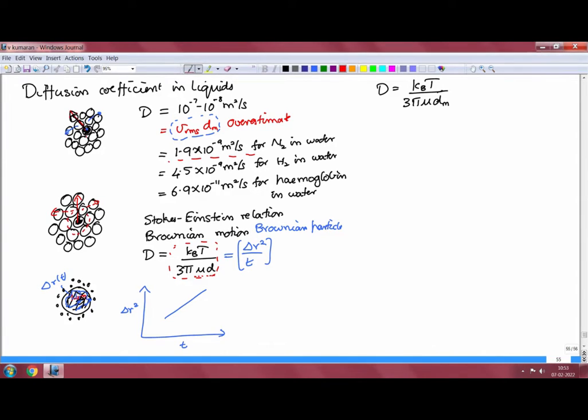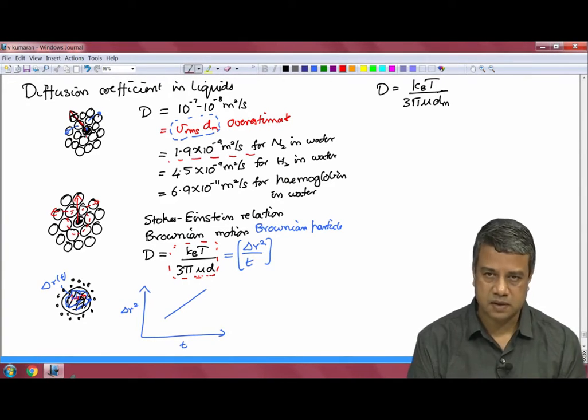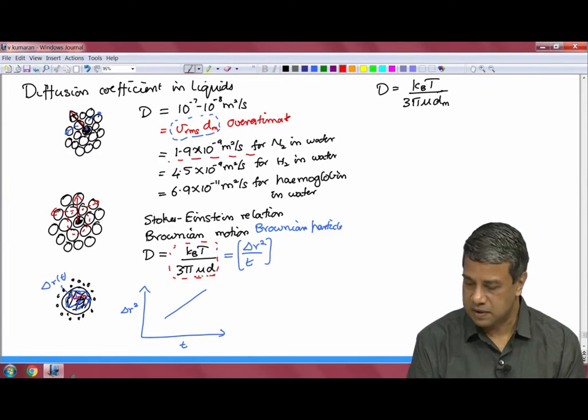If a molecule has to move in one direction, then the neighboring molecules have to execute a cooperative motion so that there is space for this molecule to move. And so the cooperative motion of a molecule in a particular direction is a rare event, and because of that the diffusion coefficients in liquids are 10 to 100 times smaller than what we would estimate for a gas.